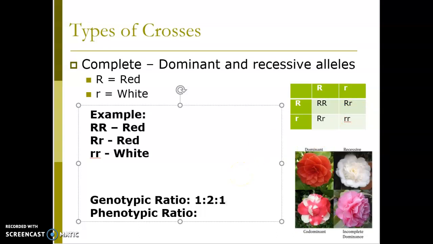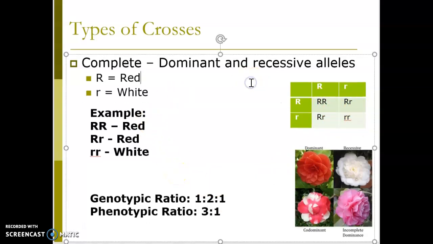So my genotypic ratio would be 1 to 2 to 1. Now remember your phenotype, or physical, is what they're going to look like. So I start with the dominant trait. In this case, I have 3 children that are going to be red, so 3, and 1 freaky little white flower. Okay, there we go.